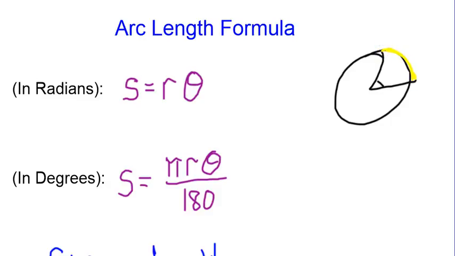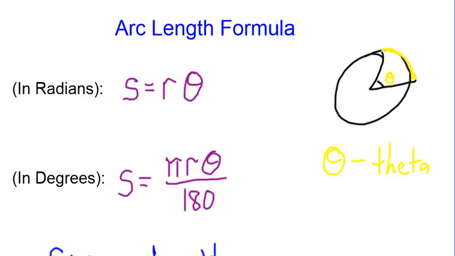Okay, so that's the arc length. This central angle that we're talking about here is labeled with something that looks like a circle with a little loop through it. This is called theta. Okay, one of many Greek symbols we talk about in math, that's theta. It's referring to the central angle.